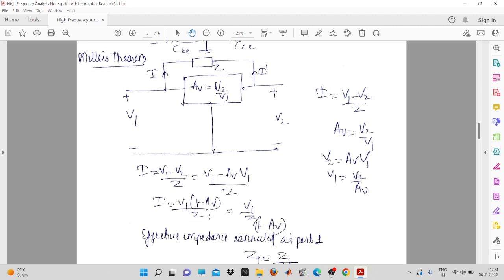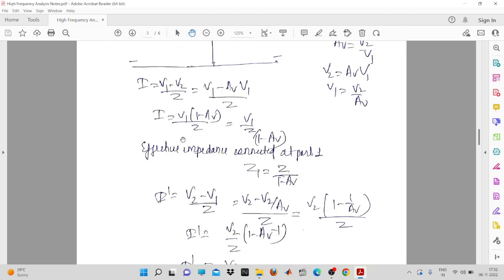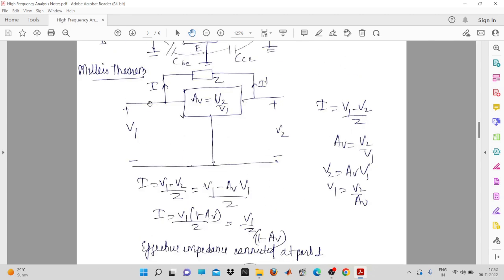And if you want to have the impedance, how are you going to write? You see, this is the current, this is the input voltage, and now we have to find the effective impedance, because we have resolved this impedance into two components. One component will be at the input port, and the other component will be at the output port. So the effective impedance Z1 will be equal to Z upon 1 minus AV. But now here we have only the capacitance.